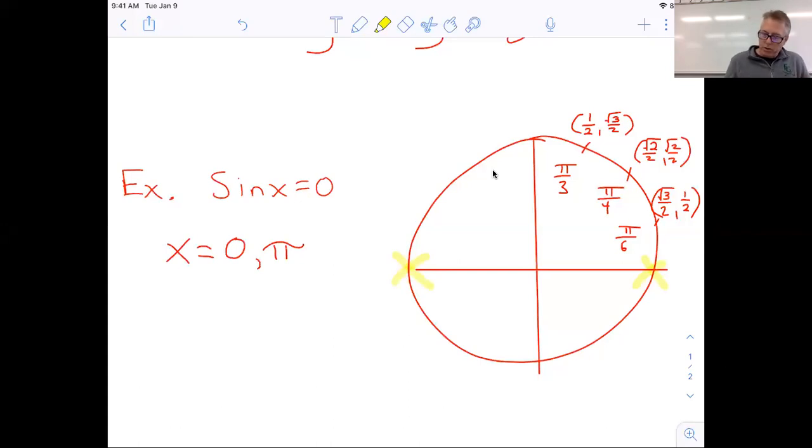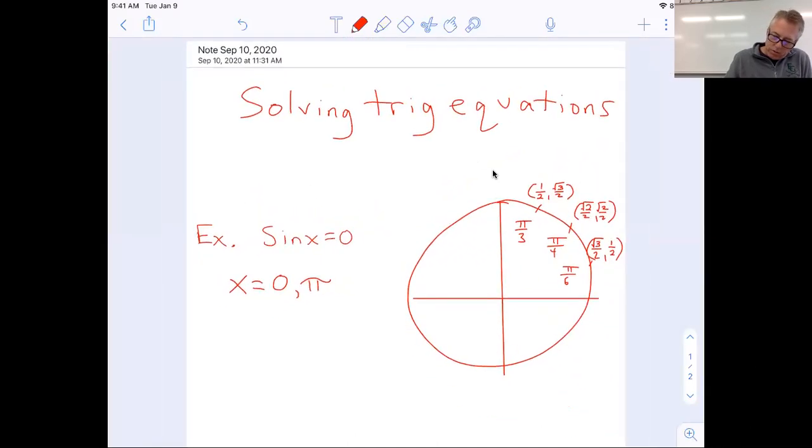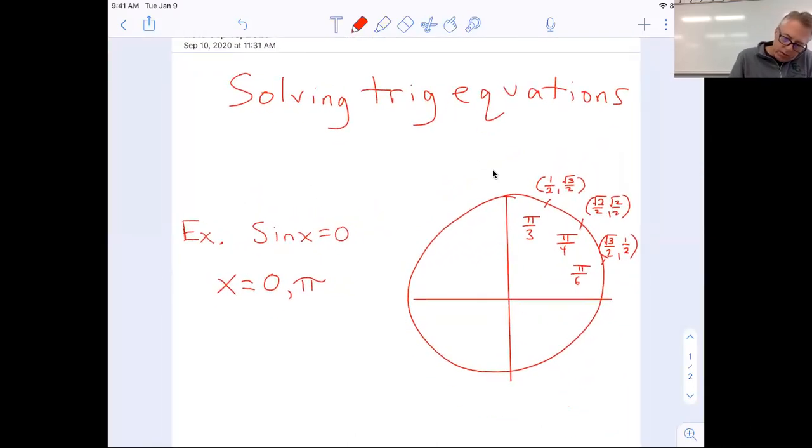So you might be asking yourself, well, why don't we say 2 pi? Because 2 pi also is a possibility, and that would be correct. So what I'm going to do is I'm going to limit our original problem, and I'm going to write this up here, that we're going to solve trig equations for x.